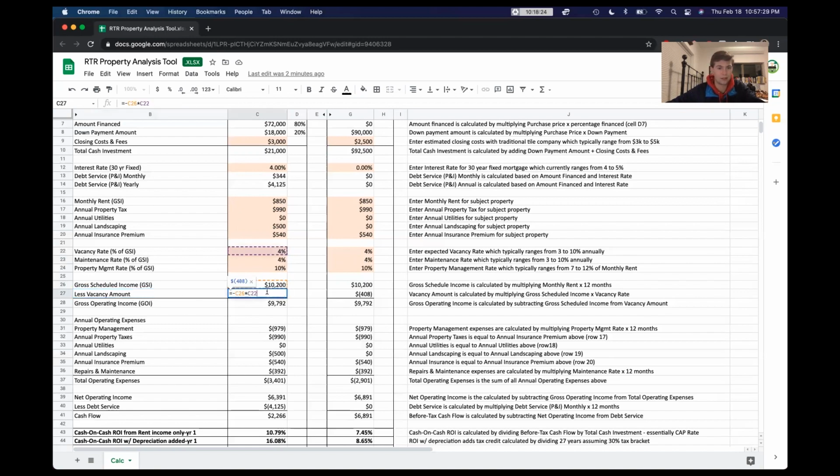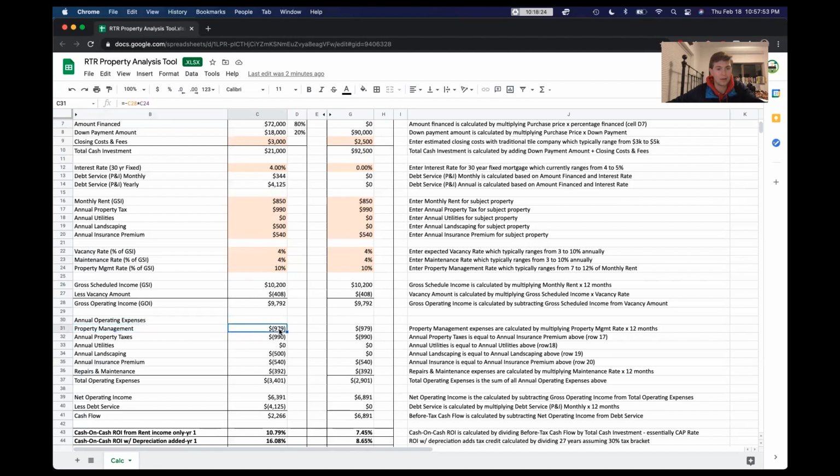As you can see, we're going to get that by multiplying the gross scheduled income times 4%. That gives us $408, so this parenthesis just means we're going to subtract that out. So our gross operating income, or GOI, right, $9,792 per year.